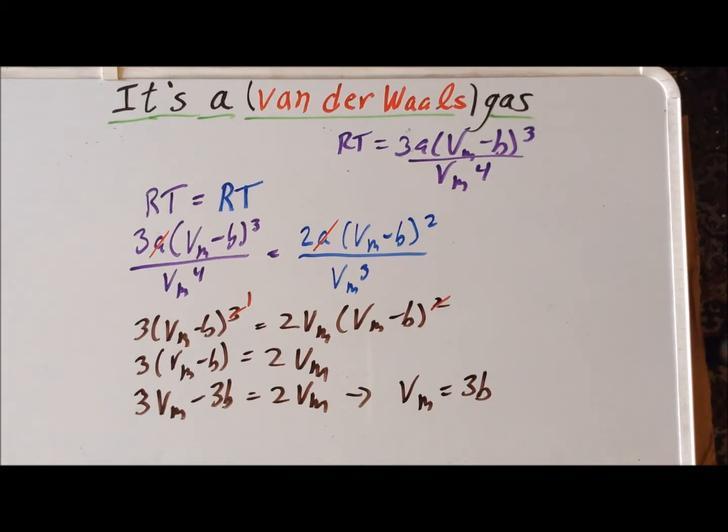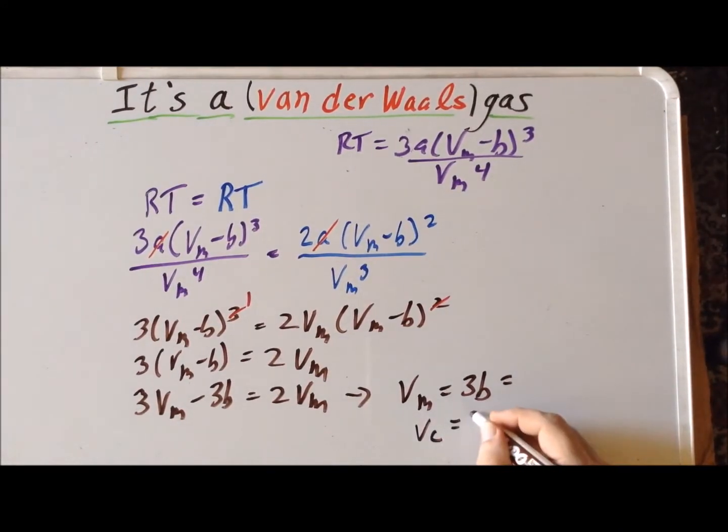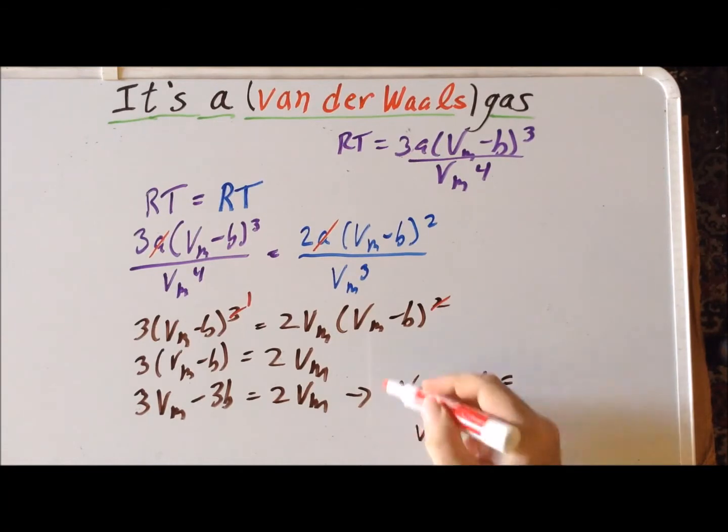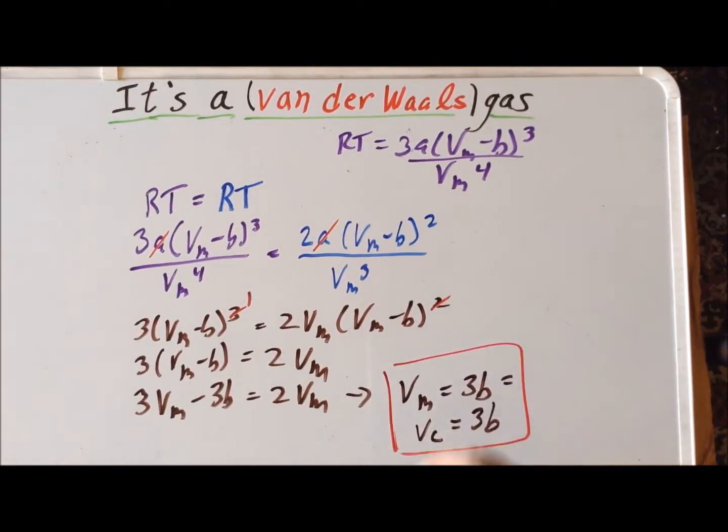So that is also the critical volume. That gives us the first of our critical constants, the critical volume, and we see that it is equal to 3b.